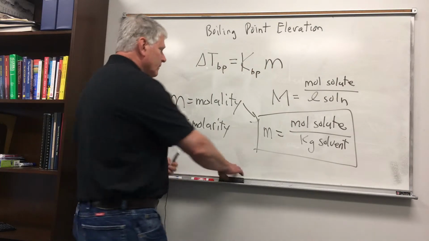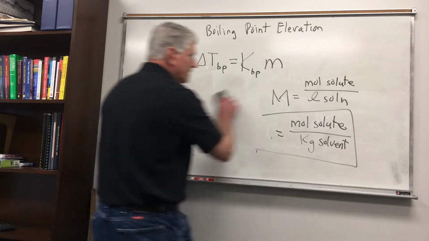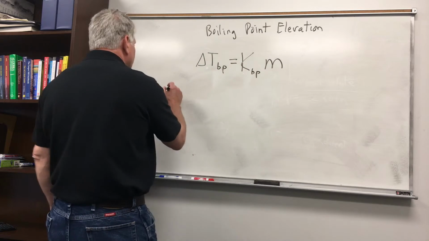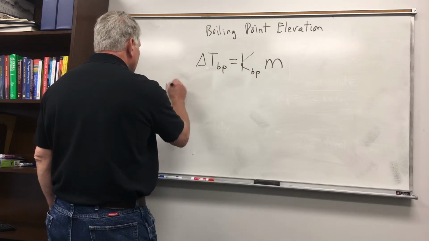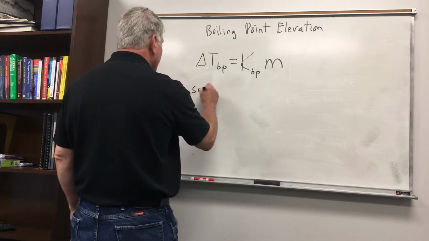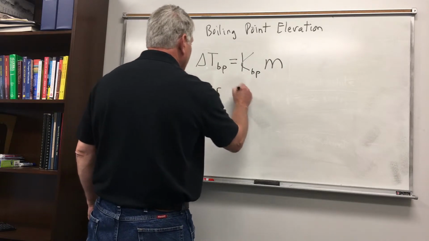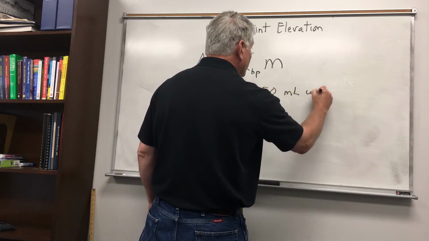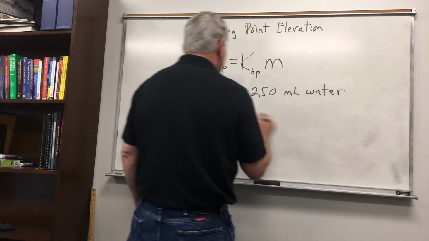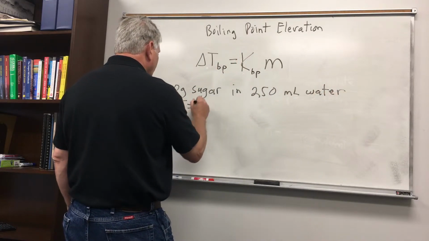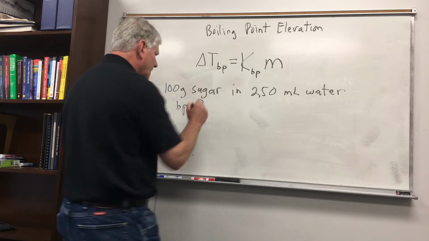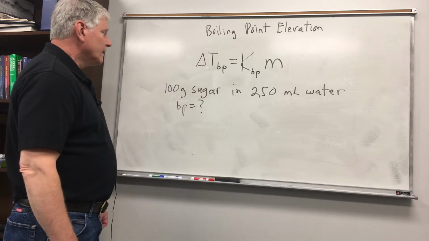So let's do an example. Say we have 100 grams of sugar and 250 milliliters of water. What is the boiling point of the solution?